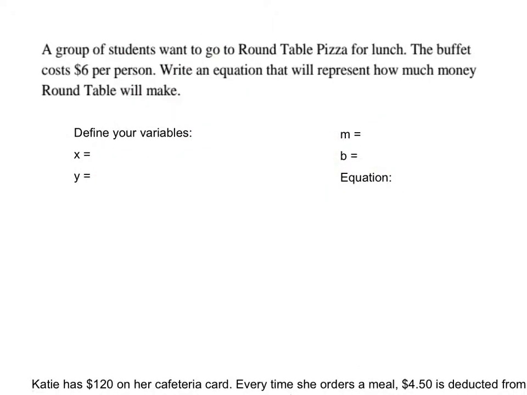All right, next, a group of students want to go to Round Table Pizza for lunch. The buffet costs $6 per person. Write an equation that will represent how much money Round Table will make. So the y variable, y is how much money. That's what we're writing an equation for. That's going to be y.